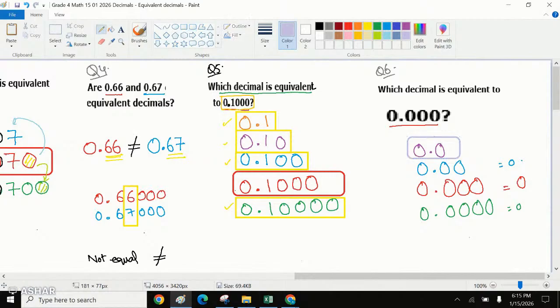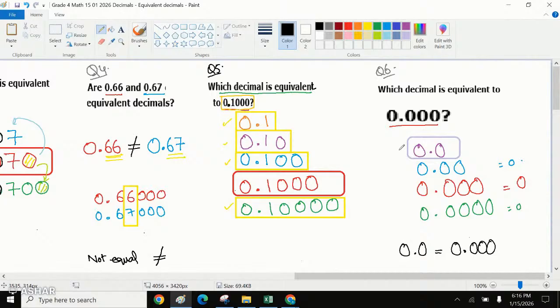Yes, it does not make any difference. Because we want to minimize our work. So we say 0.0 is an equivalent fraction to 0.000, right? That's the easiest. Or 0.00 is also equivalent.